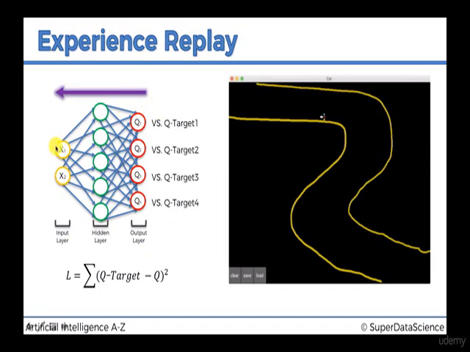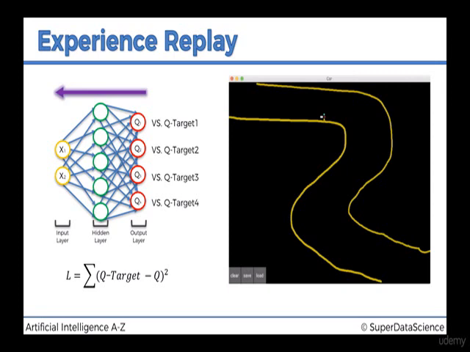We don't want the car to just learn how to drive along a straight line or along a curved line, or anything you can think of in life where an agent would be navigating an environment. Wherever you can think of correlated or interdependent states that come one after another, that can really mess up your neural network if you just let the agent learn from that.